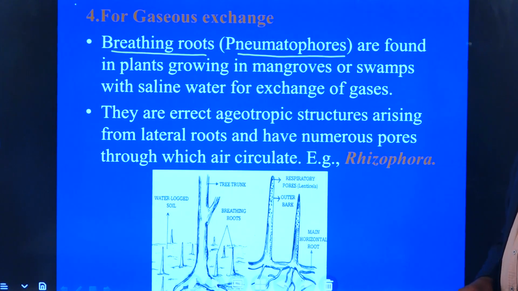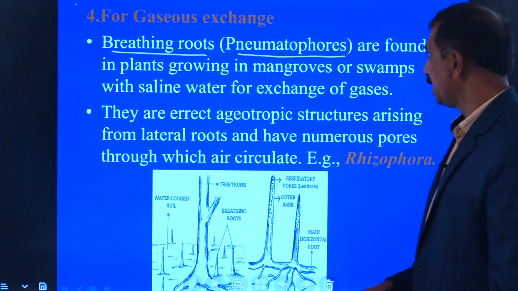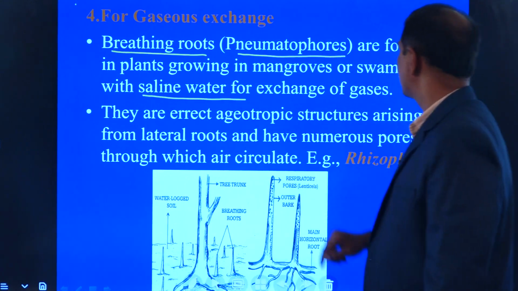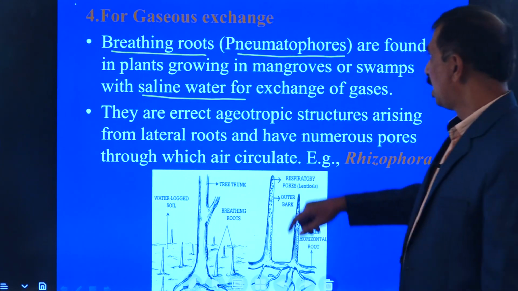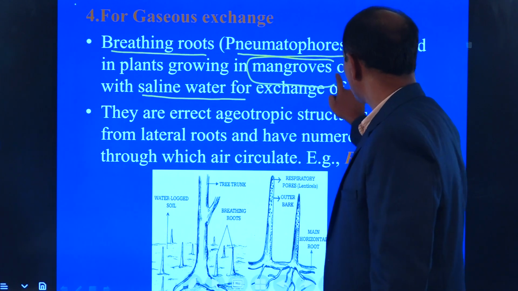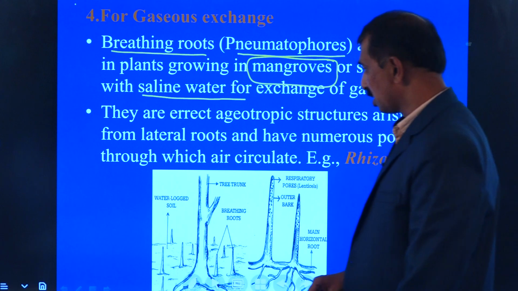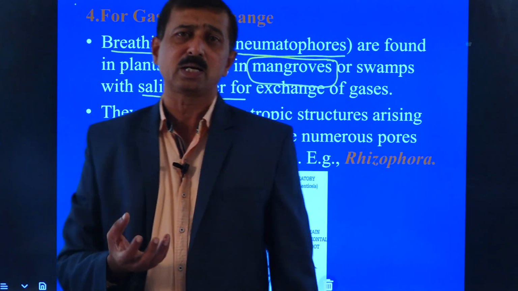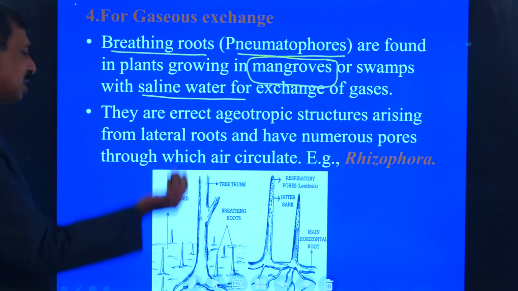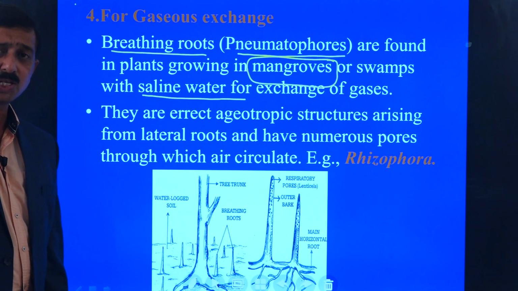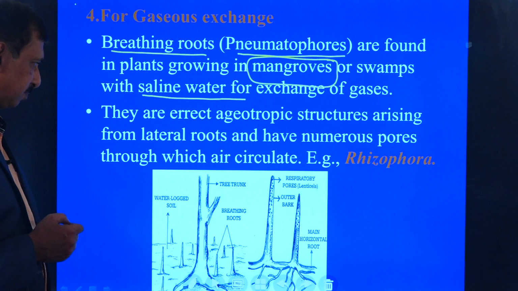These breathing roots are found in plants growing in saline water, as in mangrove vegetation. Where there is mangrove vegetation, we come across the development of lateral roots above the soil surface, against the gravity, as negatively geotropic roots.